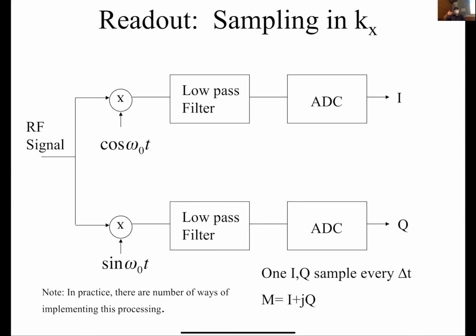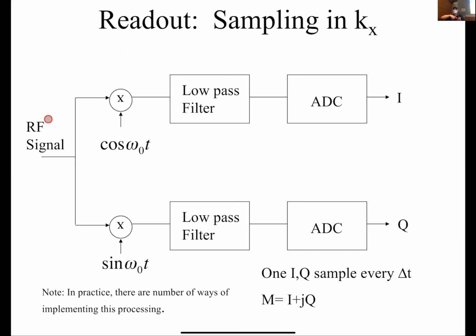We sample that electronically. The way it works is, this is the RF signal that the coil sees. We demodulate it, so we multiply by a mixer. We mix it down with a cosine at the RF frequency, the Larmor frequency, and a sine at the Larmor frequency, and let's assume our isocenter is omega naught. This is a real signal, an actual signal in the real world that we're just measuring.